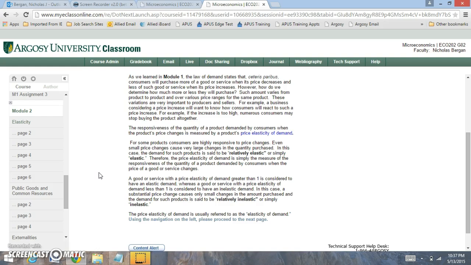An example of an inelastic good would be gasoline, as when there's a change in the price of gasoline, consumers will continue to buy it. Whereas with elastic goods, I should say a luxury item, consumers are not as apt to want to buy that product because there are other options for them.